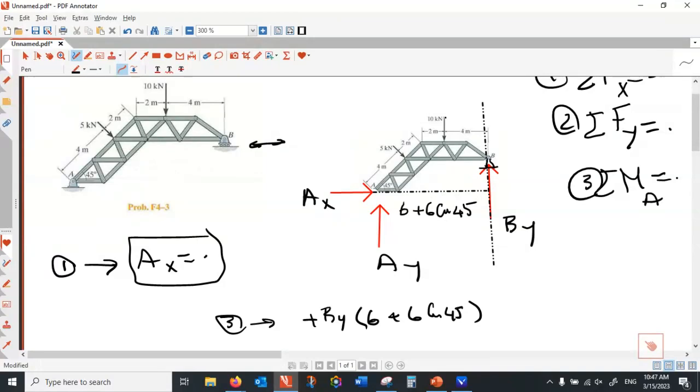And then 10 kilonewton. That makes a negative rotation, doesn't it? So that's minus 10 kilonewton. And I remember by doing that, the unit of the forces in my equation are kilonewton. If I keep everything to kilonewton meter, I don't need to change the unit. And the arm of rotation for that is in a similar fashion, that is 2 plus 6 cos 45, correct? Equal to 0.